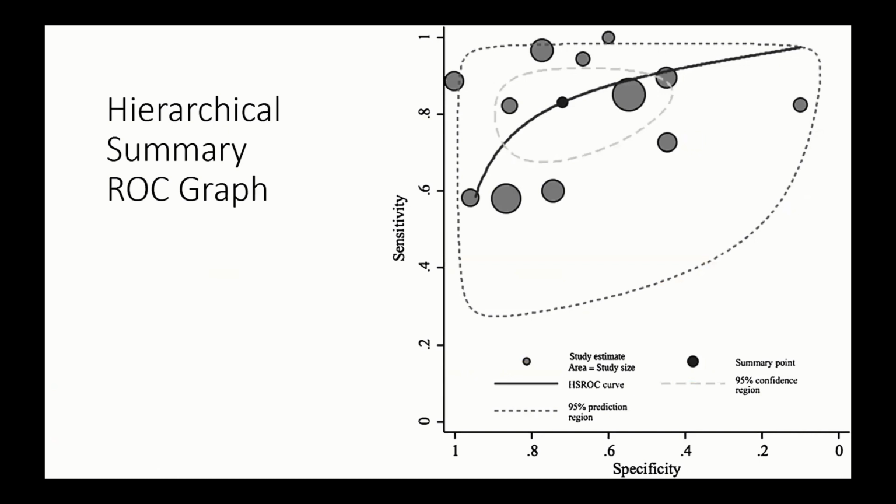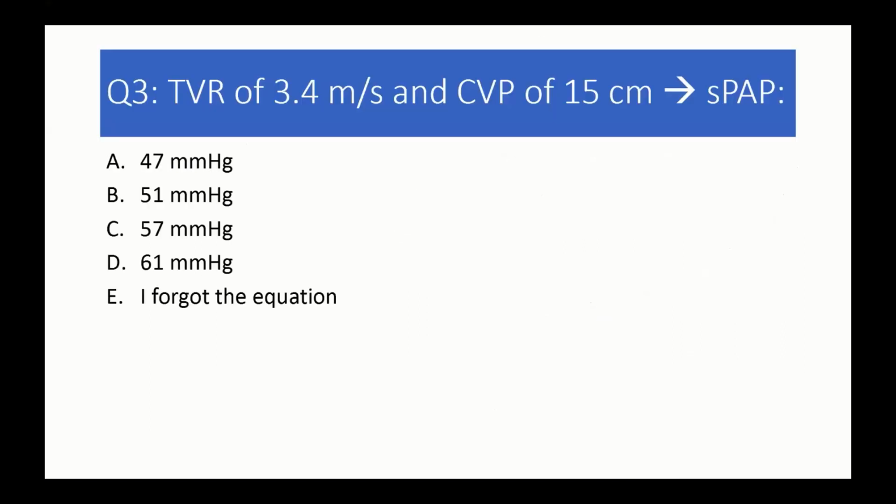For this meta-analysis, a hierarchical summary ROC graph was presented, where the size of the study estimate area reflects the size of the study, and you get a hierarchical ROC curve that looks like this, with a cutoff value that gives you a sensitivity and specificity of 0.8 and 0.7. So not too bad for what we have to do.